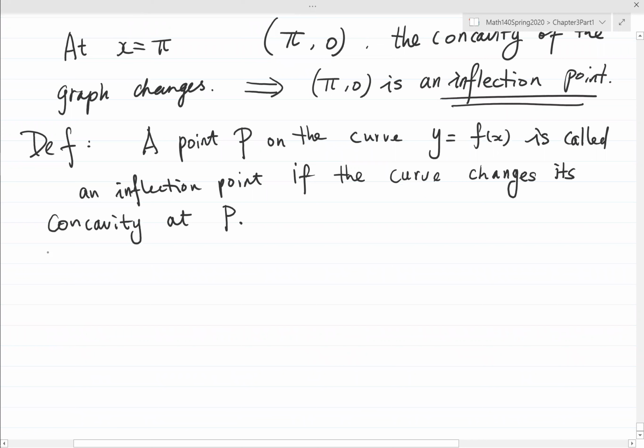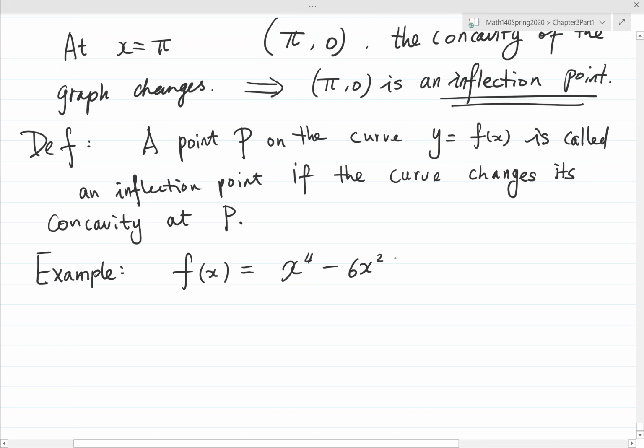Example. Let f(x) be x to the power 4 minus 6x squared.